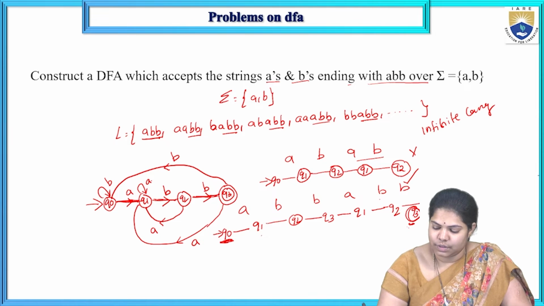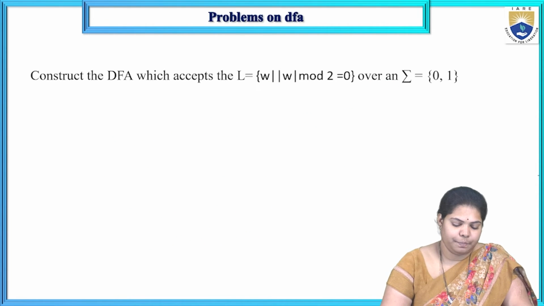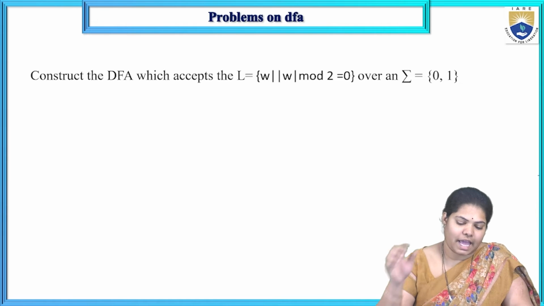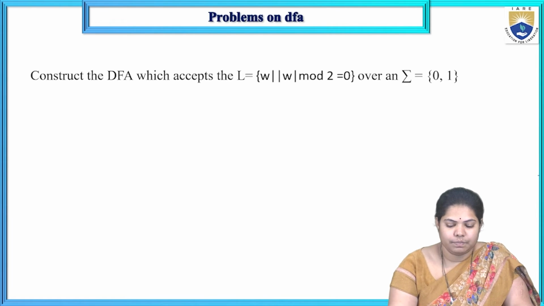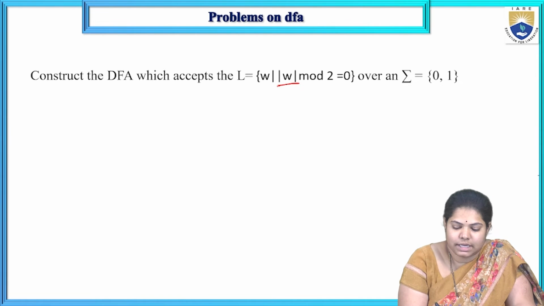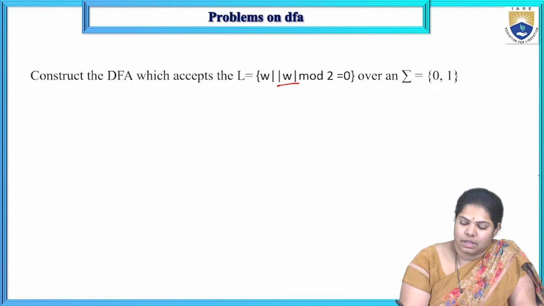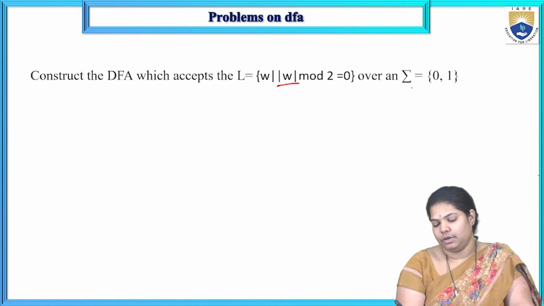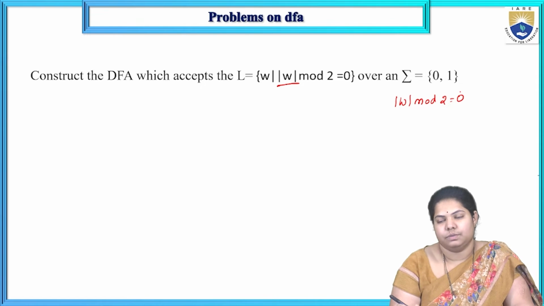Okay, the next question that we are going to learn is: construct the DFA which accepts the language L equals W such that the string length mod 2 is equal to 0, over the input symbols 0 and 1. What is the meaning of this? First of all, let us learn the string length mod 2 equals 0.